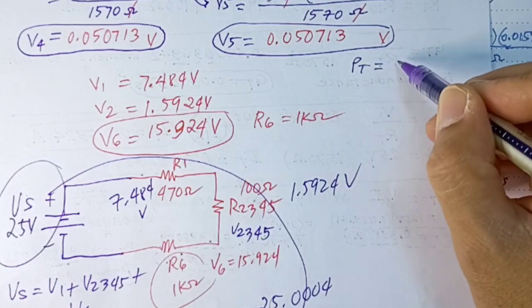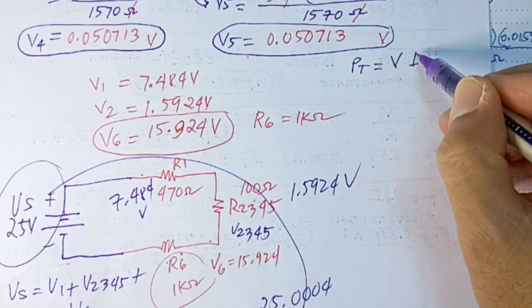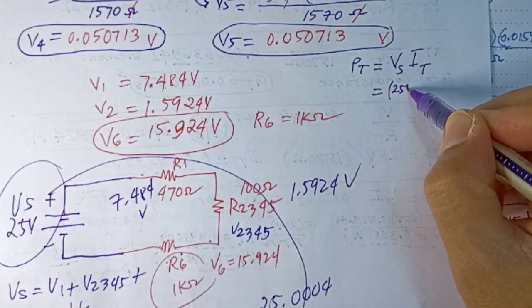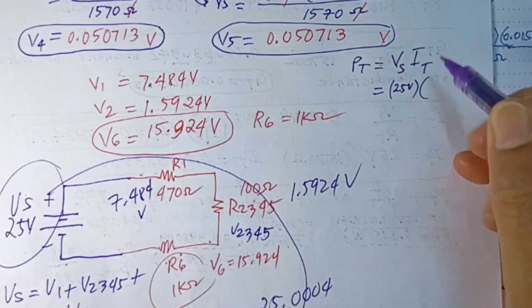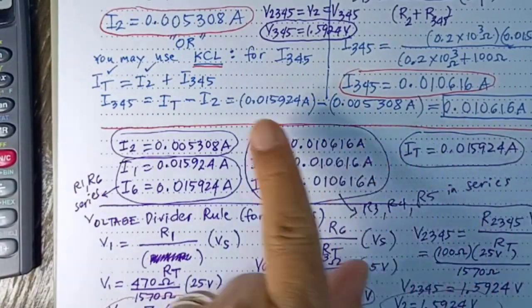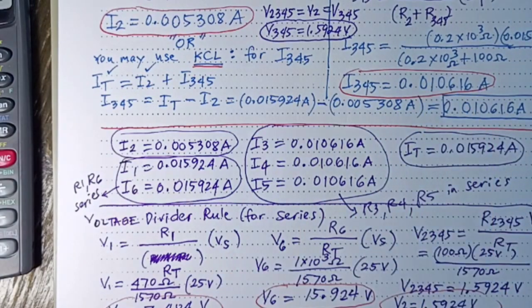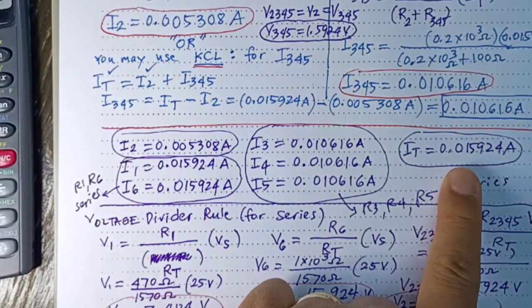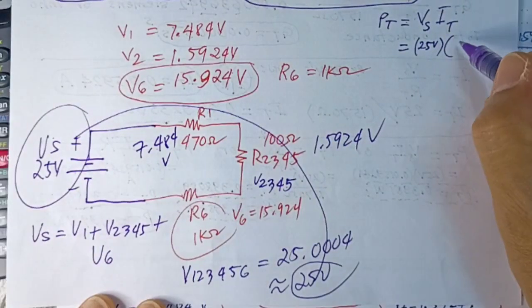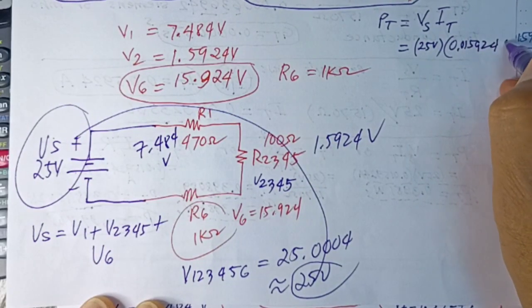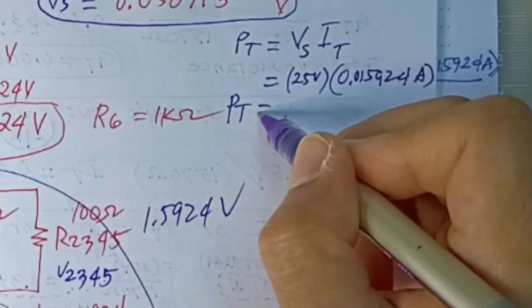Let's see. PT equals, let's use the easiest one, VI, right? Vs times IT. So our Vs is 25 volts, multiplied with the IT. How much is our IT? Is this the I total? Where's my I total? Here, 0.015924 amperes.